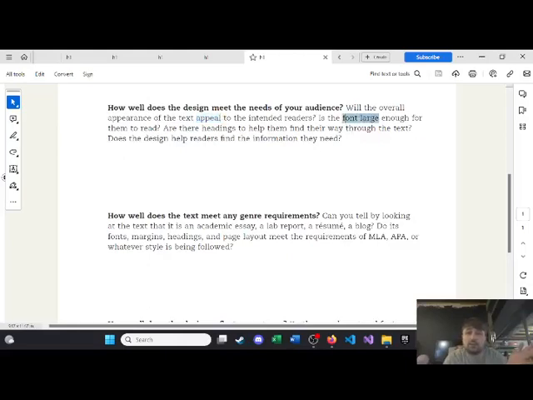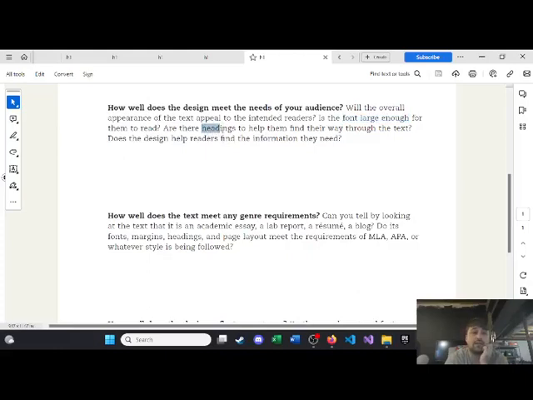A question here, is the font large enough? If you have an audience that has all got glasses on or needs glasses, then you might want to inflate the font more, right? And is it organized in a way that they can understand it just by glancing at it?